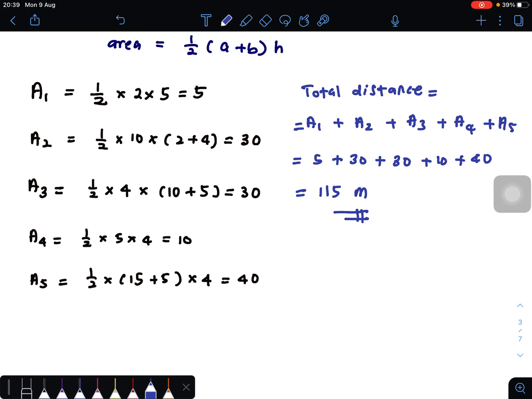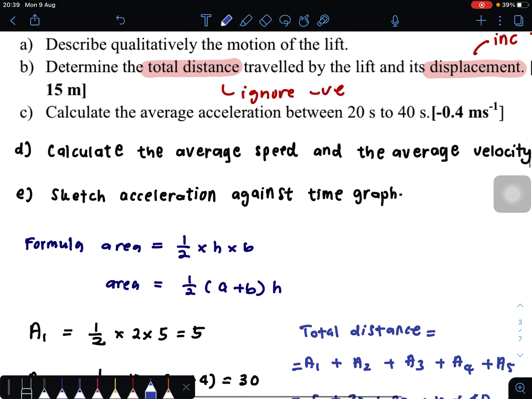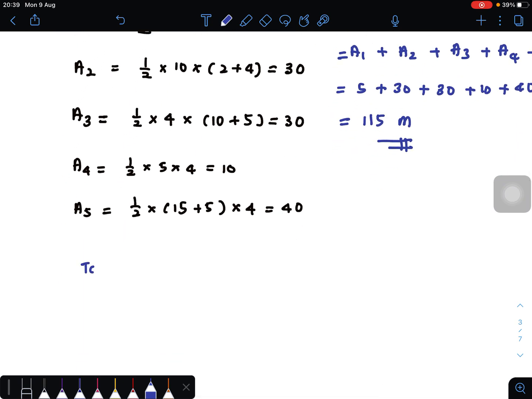This one is for distance because we ignore the negative value. And then next one, total displacement.